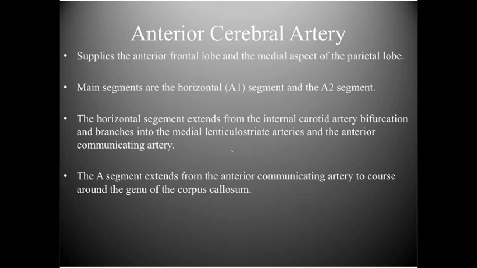Main segments are the horizontal, or the A1 segments, and the A2 segment. The horizontal segments extend from the internal carotid artery bifurcation and branch to the medial lenticulostriate arteries and the anterior communicating artery. The A2 segment extends from the anterior communicating artery to the course around the genu of the corpus callosum.